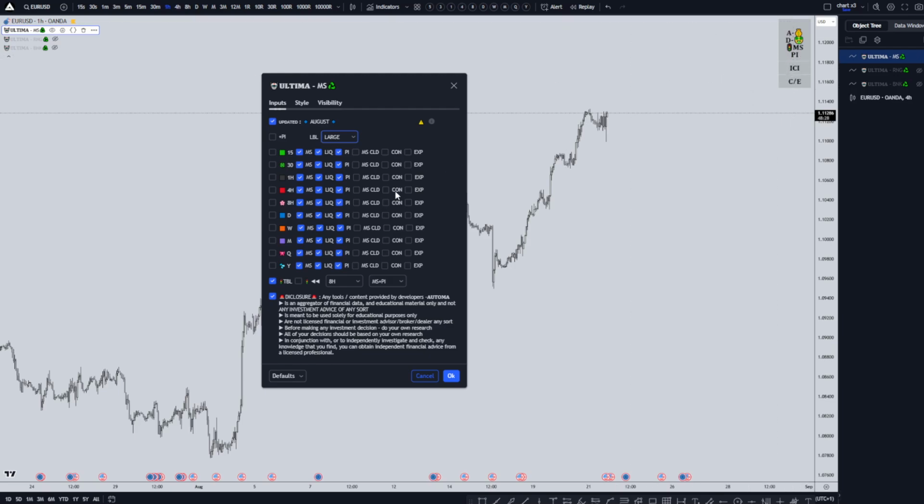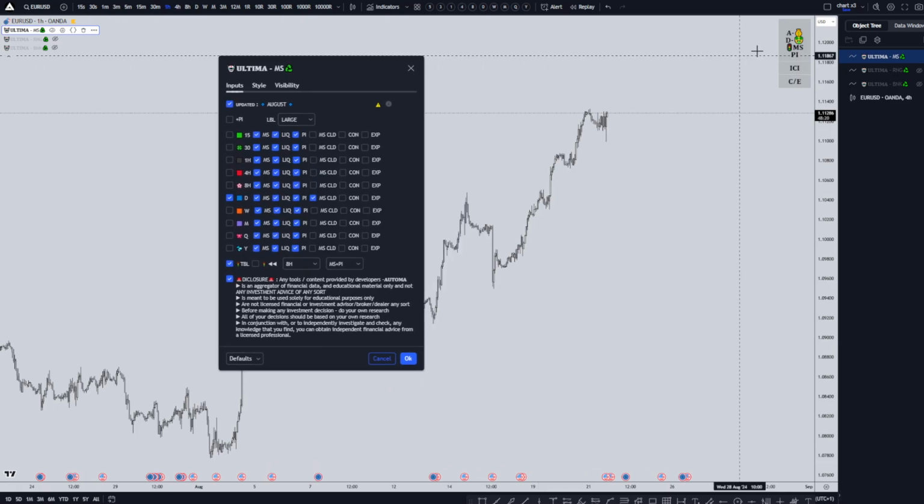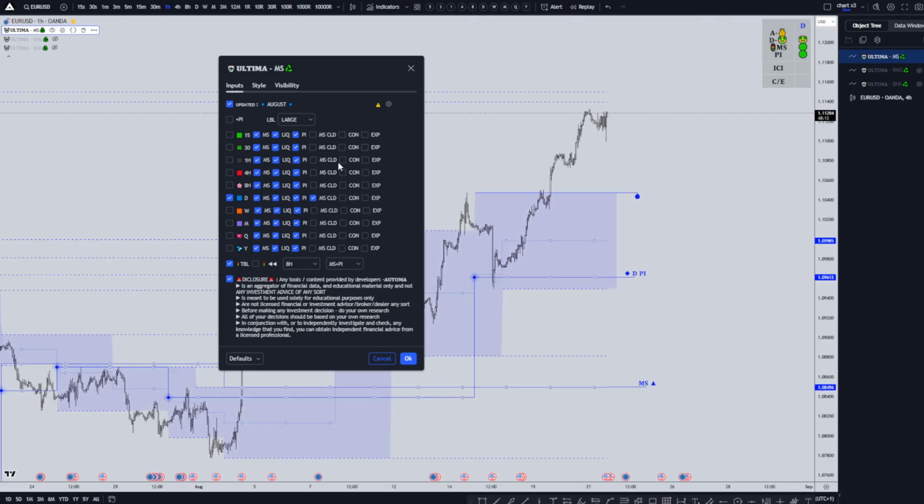prime table, which will basically give us, let's click daily as an example. So it's going to show us the prime conditions, the prime setup for specific time frames. In this case, it will show us 3 things.